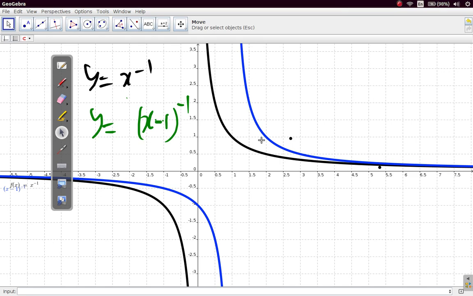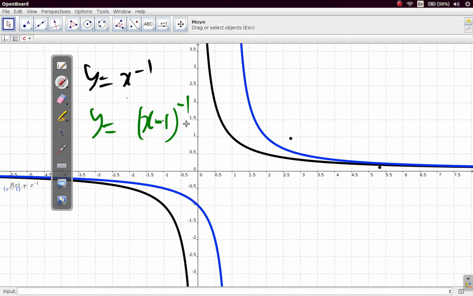So if you go inside the power being raised and add or subtract a number, you're moving to the left for adding a number, to the right for subtracting a number. When I say inside the power, I mean what you raise to the negative 1, the number you add is included.